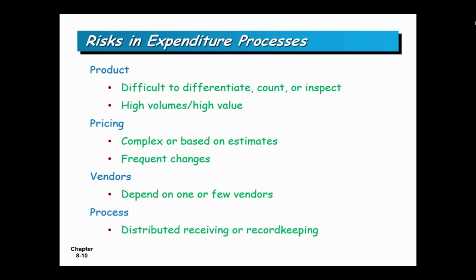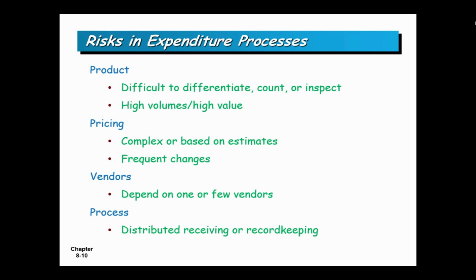So you need experts who can differentiate, count, or inspect. You're probably not going to have a receiving clerk doing that for you. You'll have one of your important people who understand the industry. If you have a high volume of products, counting all of that is difficult. And if you have high value products, getting it right, both in terms of volume and in terms of quality, is very important. Diamonds are a good example of that.